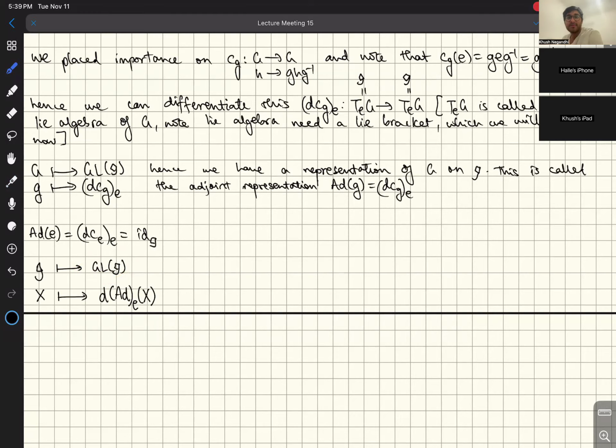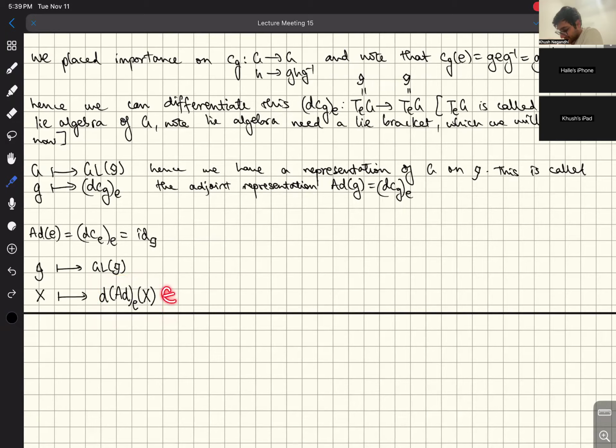Okay, so now this means that we have a representation. Oh, sorry, I haven't fully explained why this makes sense. The adjoint representation gives you something in the general linear group, and this thing is a tangent vector.